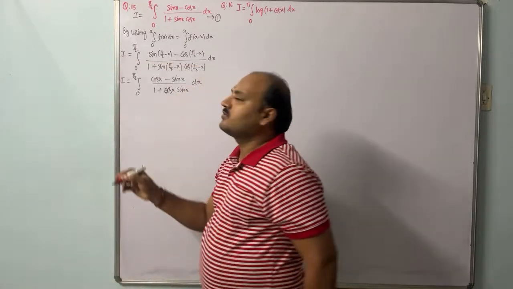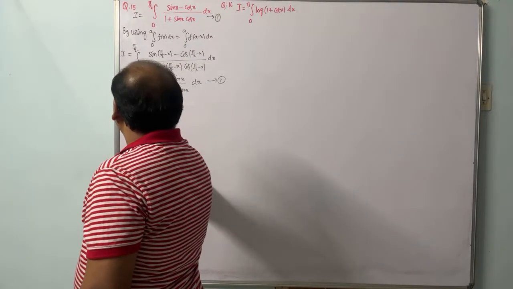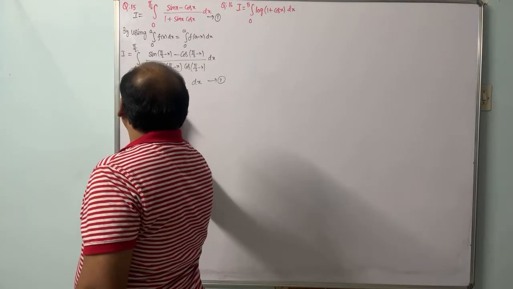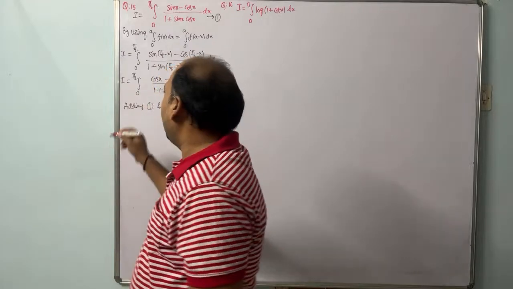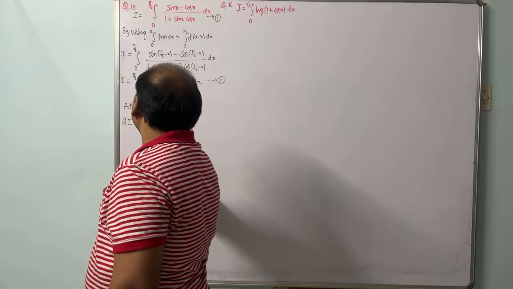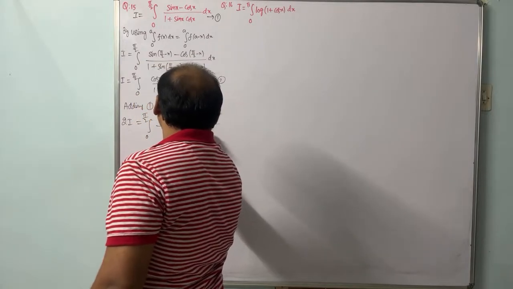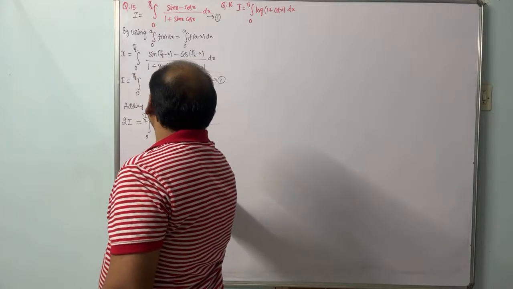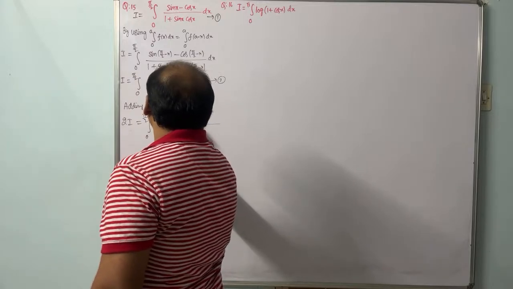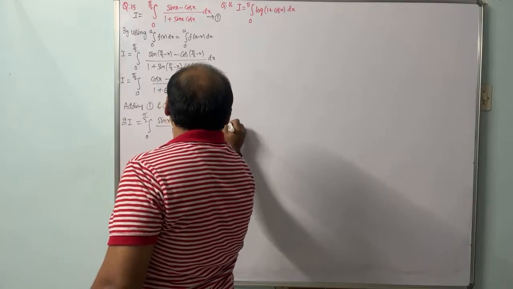No change, dear students, from this. So adding 1 and 2, I plus I is 2I, the denominators and limits are also the same, 1 plus cos x sin x. In the numerators we add (sin x minus cos x) plus (cos x minus sin x) dx.